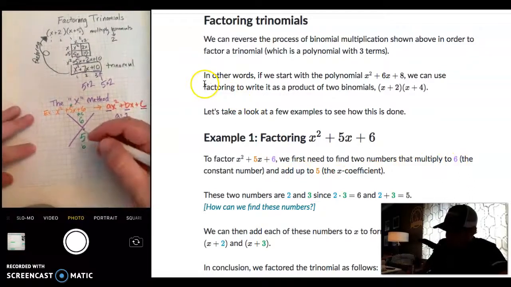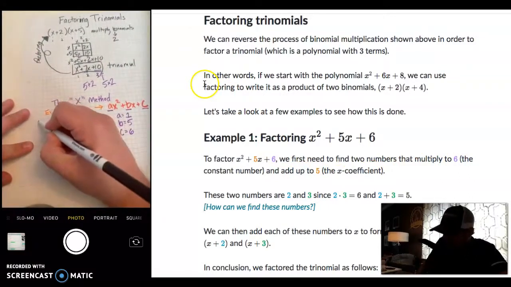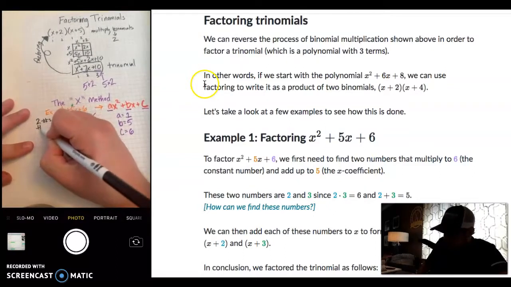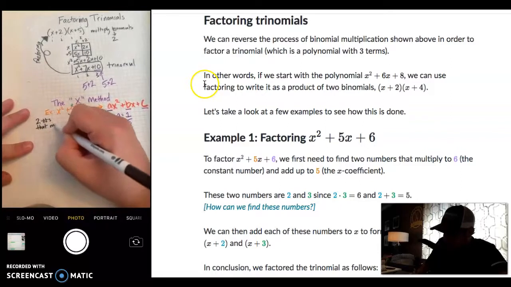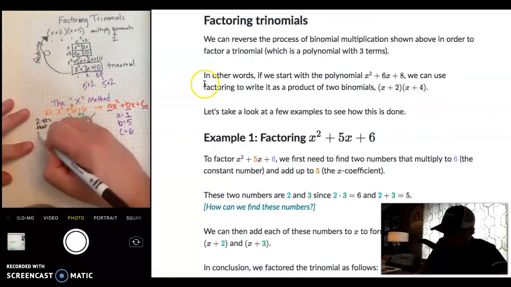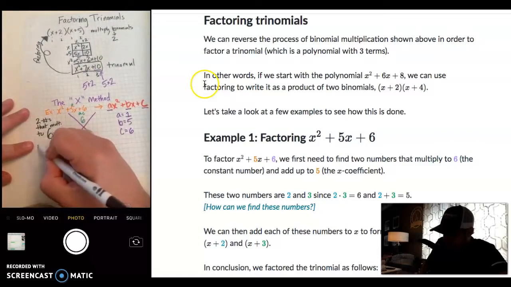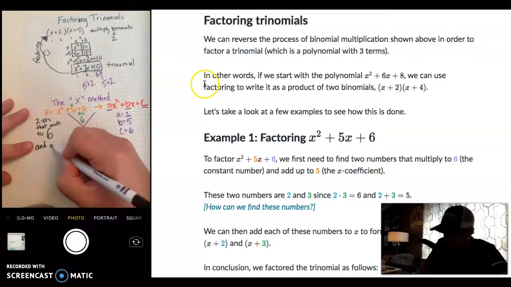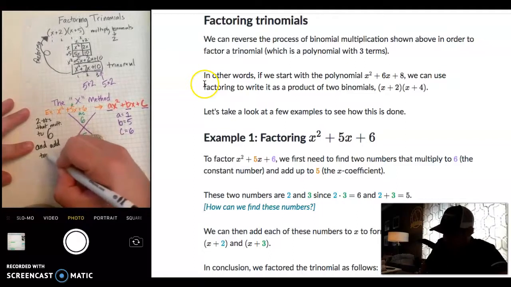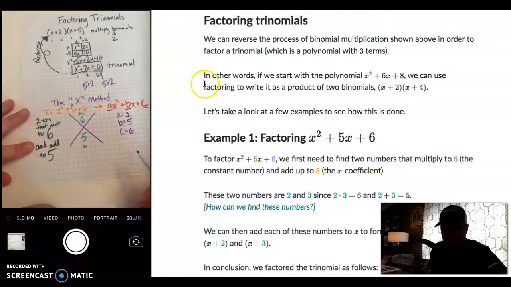Okay, so we're going to start thinking of numbers. So two numbers that multiply to 6 and add to 5.